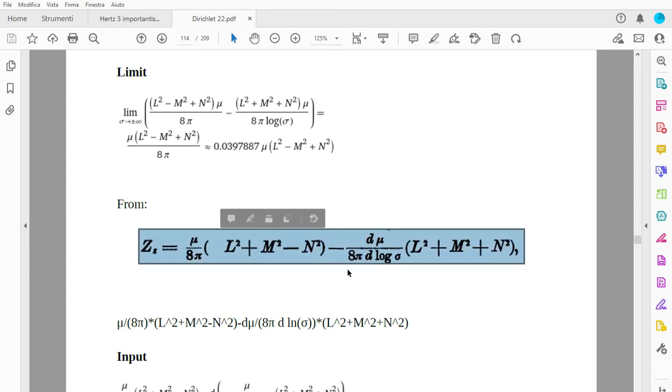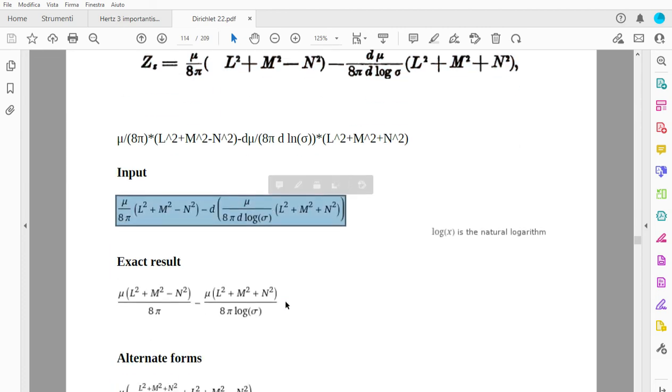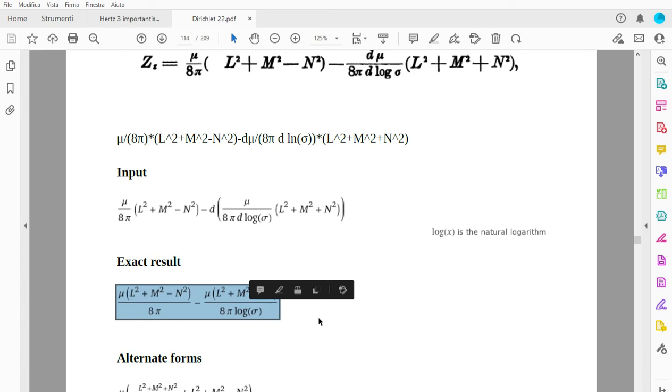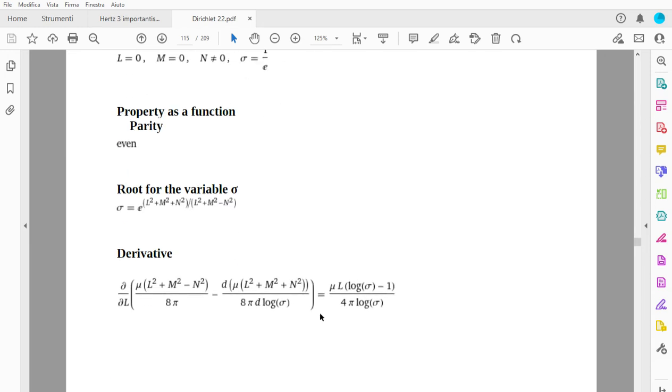In conclusion, we analyze also this third equation. This is the expression. This is the exact result. Also here the study of the function.